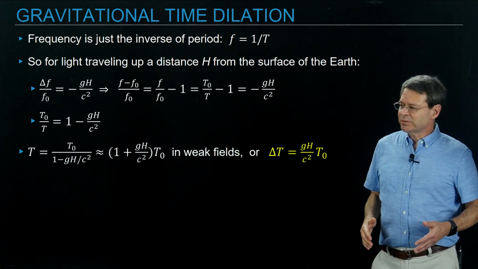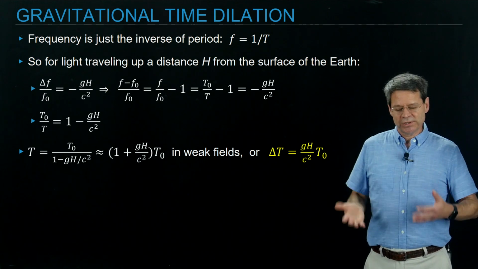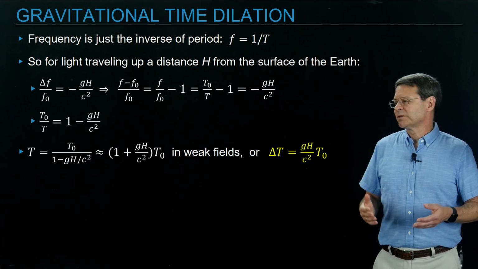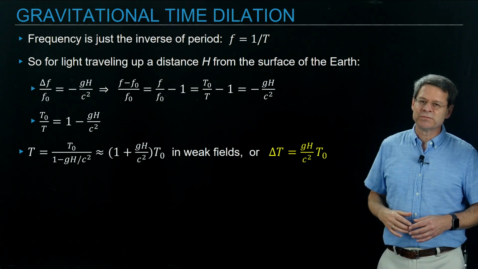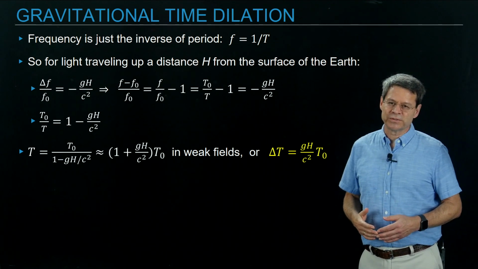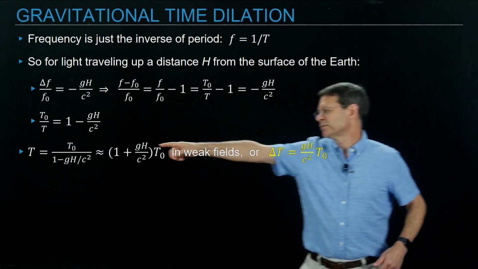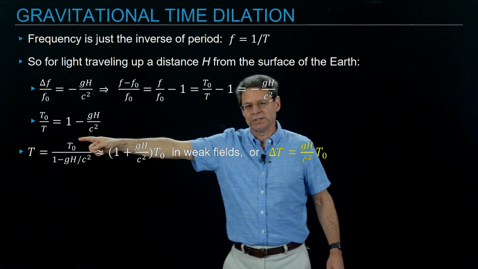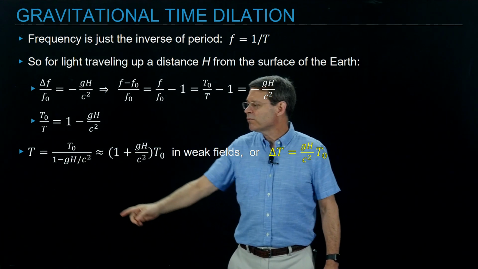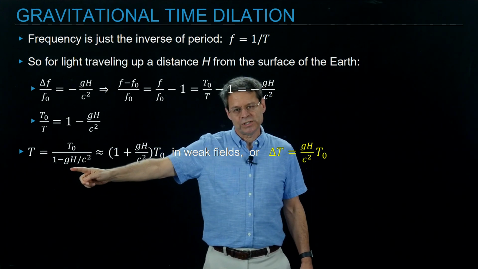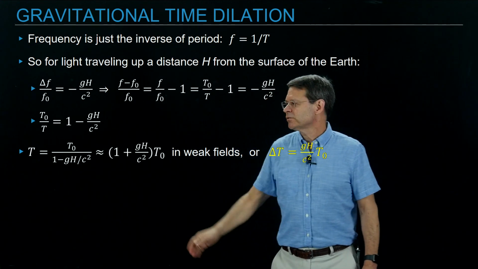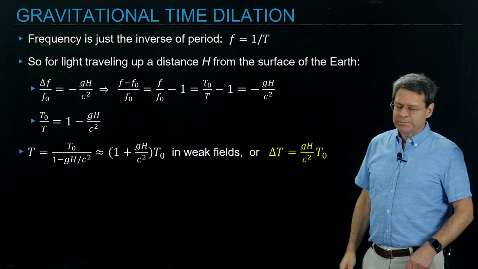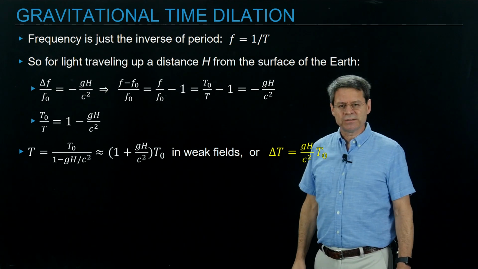But if I want to write it in terms of the time period measured by the detector's reference frame relative to the emitter's reference frame, let's invert that and solve for T. So just inverting the equation here, I want T in terms of T naught, so it'll be T equals T naught over now 1 minus gh over c squared. So just inverting that one. But I can simplify things a little bit.